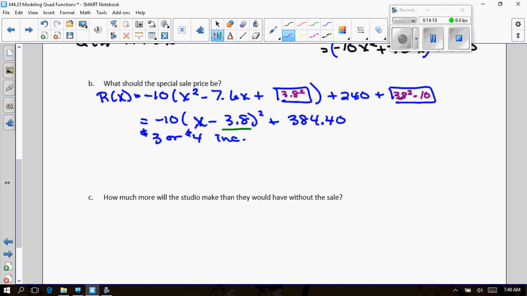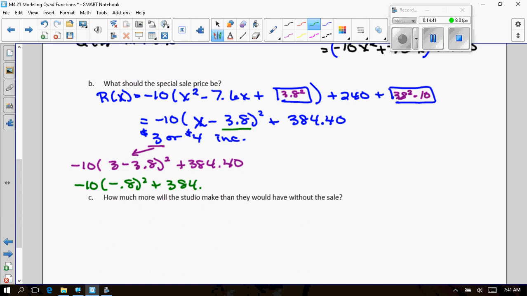So if we put 3 in, I have negative 10 times 3 minus 3.8 quantity squared plus 384.40. So this actually becomes negative 10 times negative 0.8 quantity squared plus 384.40. And I end up getting $378.